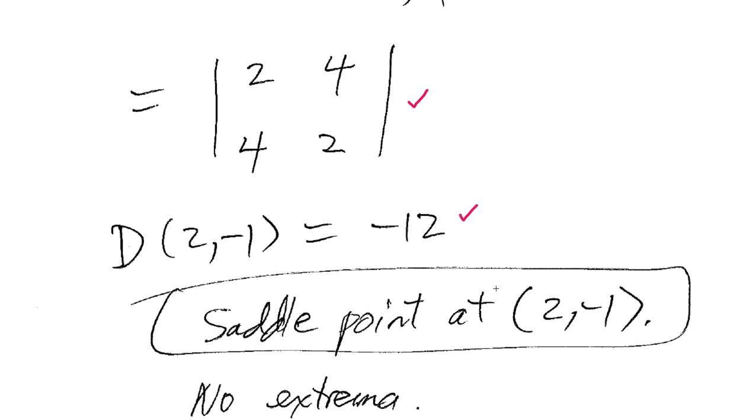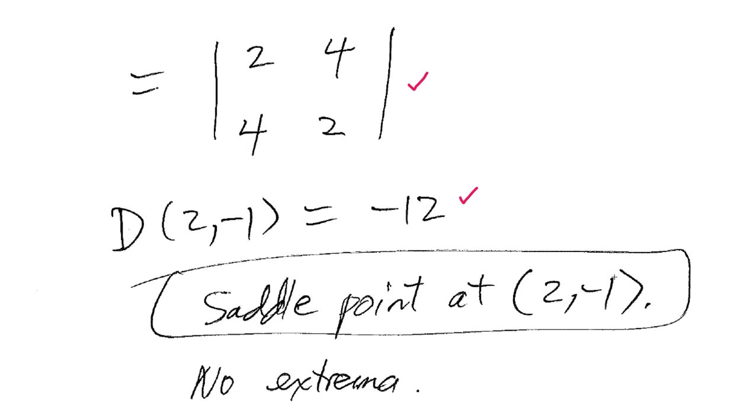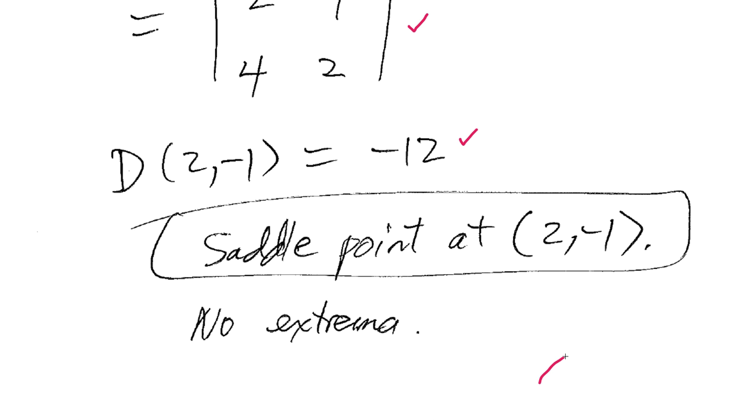Since that's a negative number, this indicates that the second partial derivatives will change sign depending upon which direction you go. You will get sign changes. This indicates that it's a saddle point at (2, −1). So it's concave up in certain directions and concave down in other directions, a surface like that.